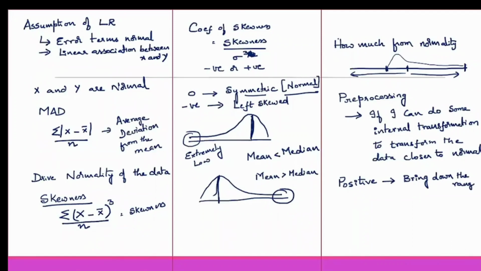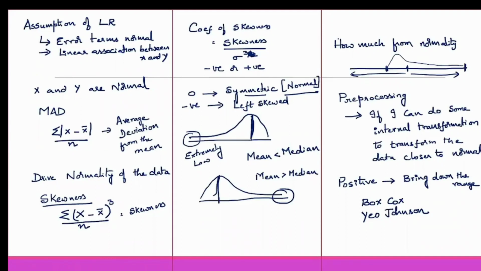Of course, we have the tools and functions which can do these non-linear transformations. We typically call them the Box-Cox transform or the Yeo-Johnson transform. Right now, don't bother about them, because we will use them as a part of our data pre-processing before we give input to the model.